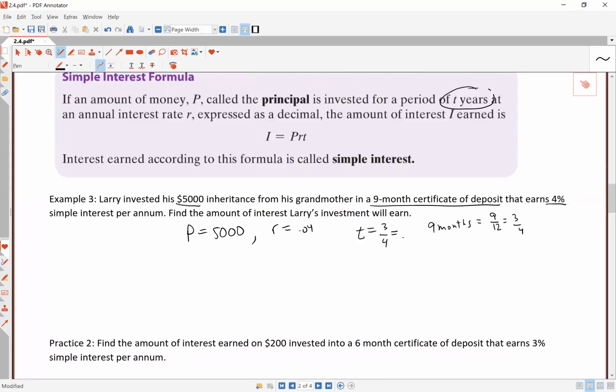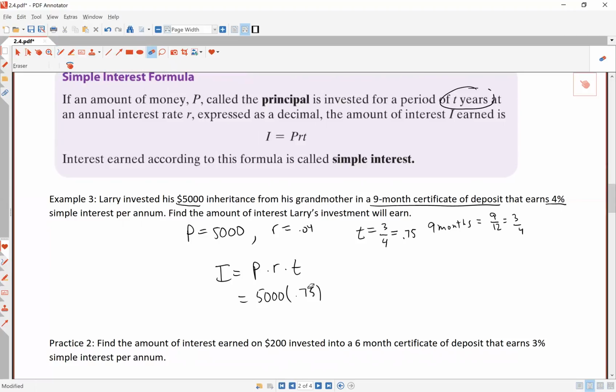Let's make that 3/4 into 0.75, giving us the interest is principal times rate times time. The principal is 5,000.